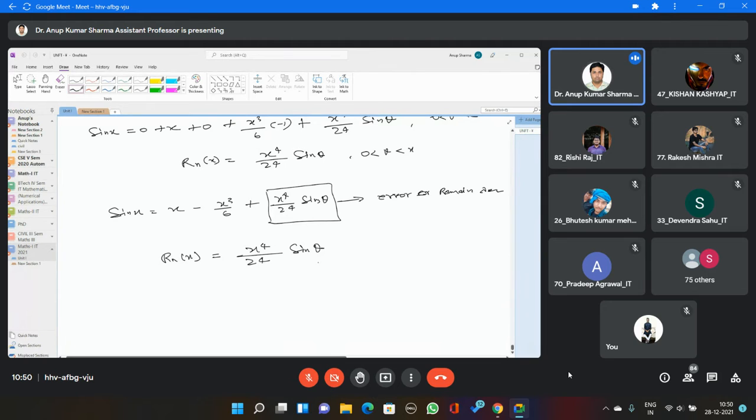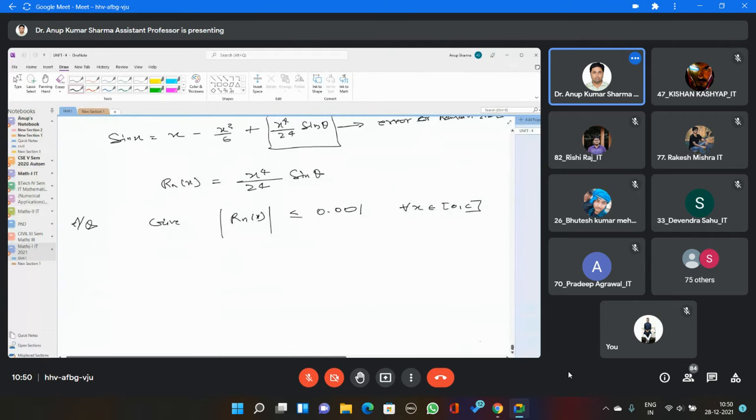But according to the question given, modulus of Rn of x is less than or equal to 0.01 for all x belonging to the interval 0 to c. So therefore, x to the power 4 upon 24, and this is sin theta.